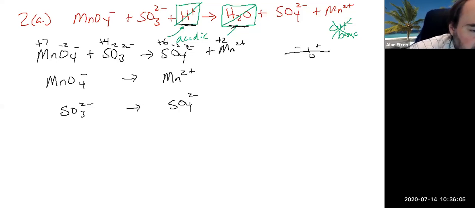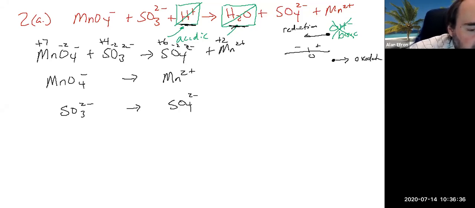And we see that the Mn started at +7 and ends at +2, going in this direction, which means it is going through reduction. While the S in this case started at +4 and ended at +6, going in that direction, which means it's going through oxidation. So you could see by using our number line, we could figure it out.